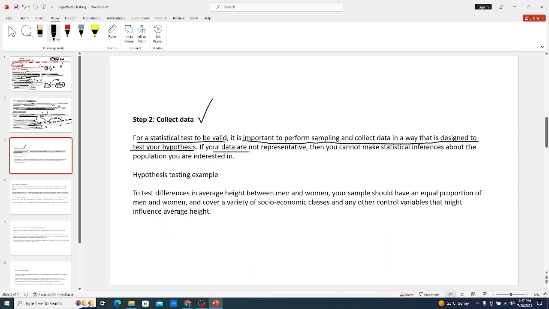If your data is not representative, then you cannot make a statistical inference about the population you are interested in. So you must have some data, because we have to compute some statistics.